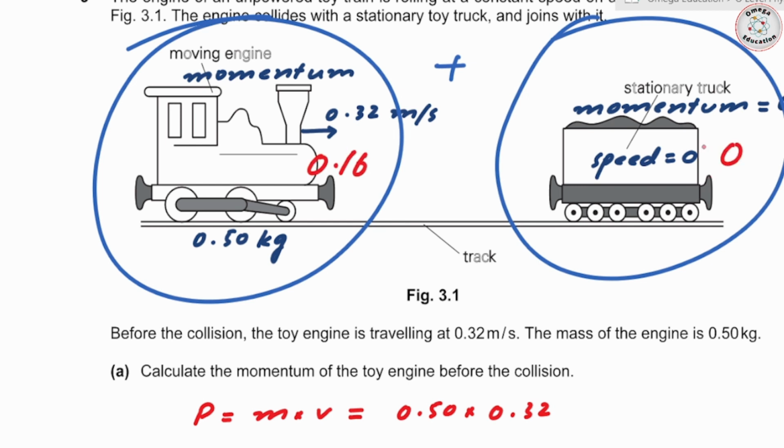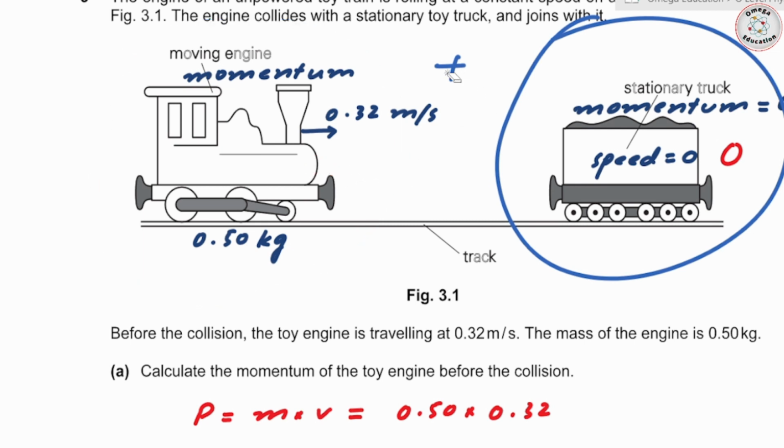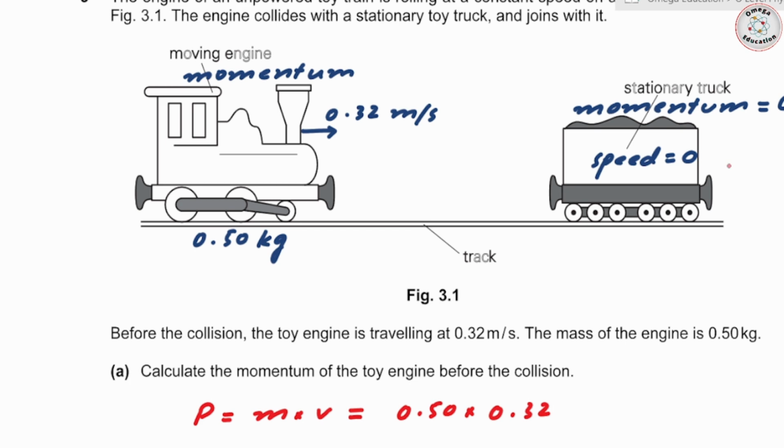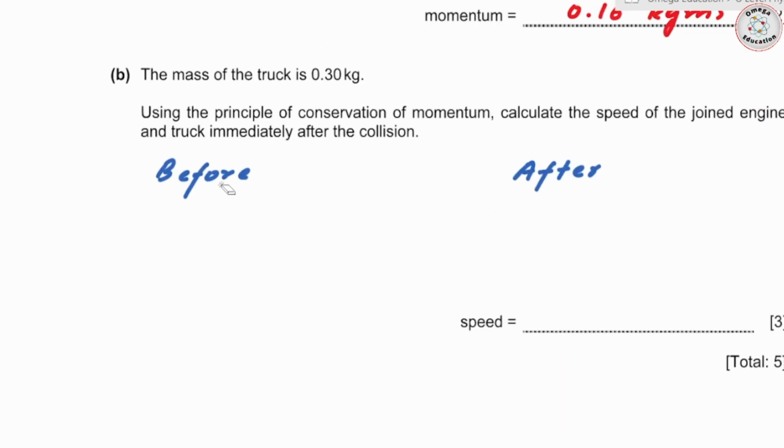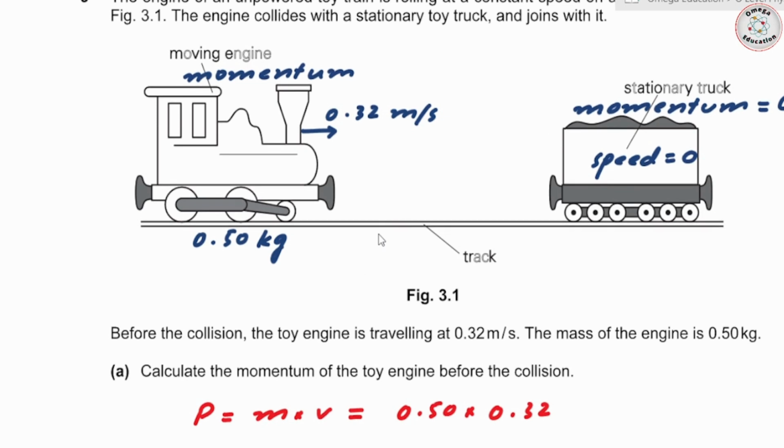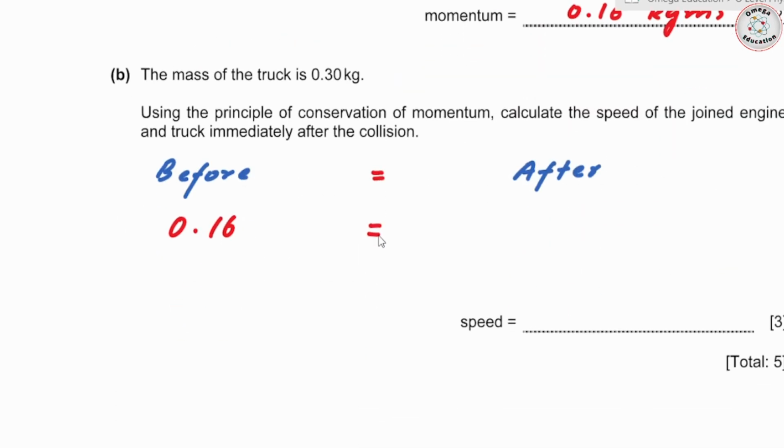So you add these two, what do you get? You get 0.16. So this is your total momentum before collision, 0.16. And that should be equal to the total momentum after collision. So the total momentum after collision, whatever the expression for that is, should be equal to 0.16.